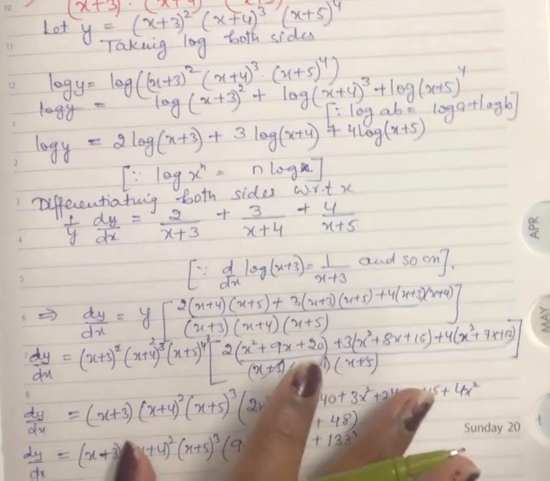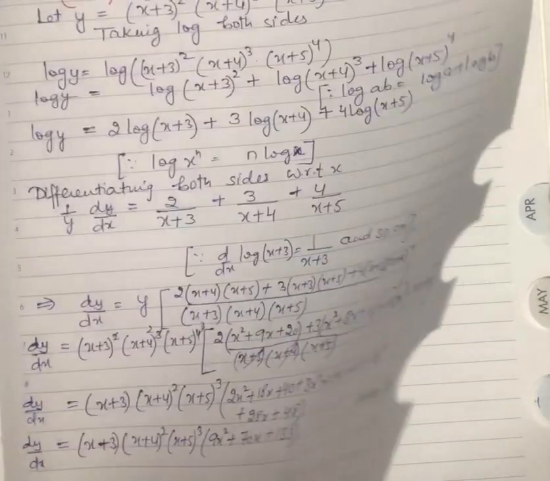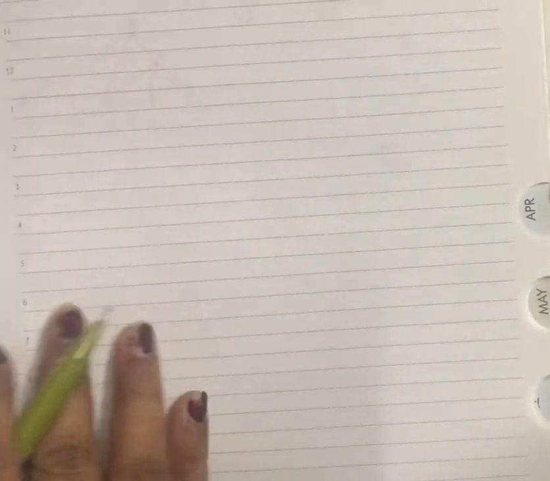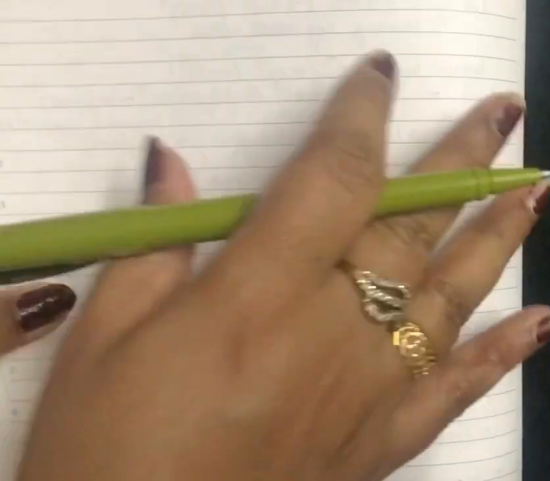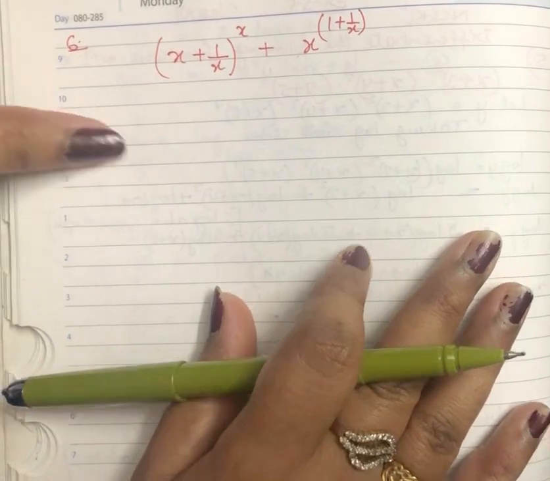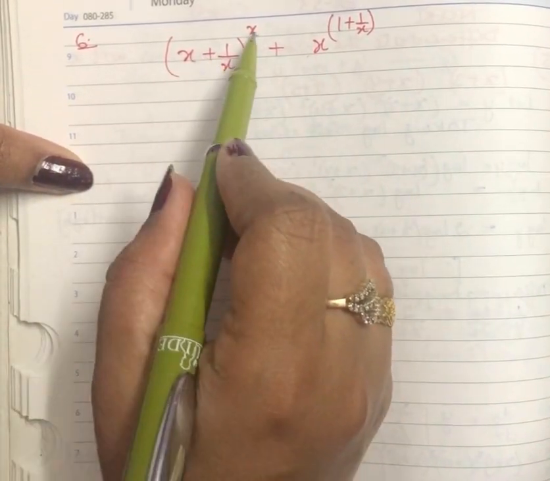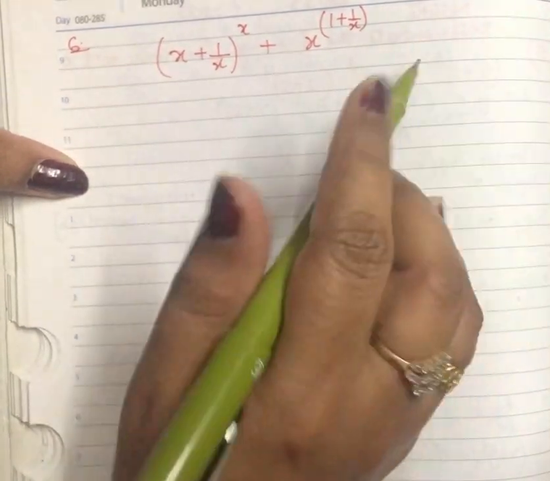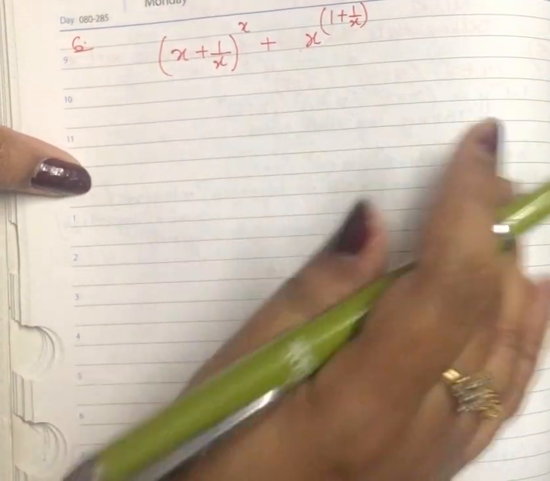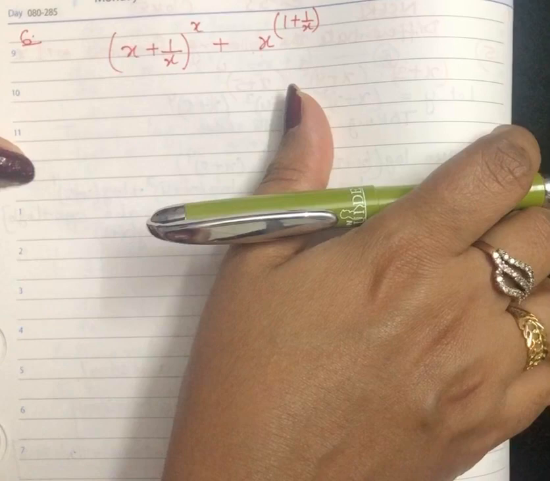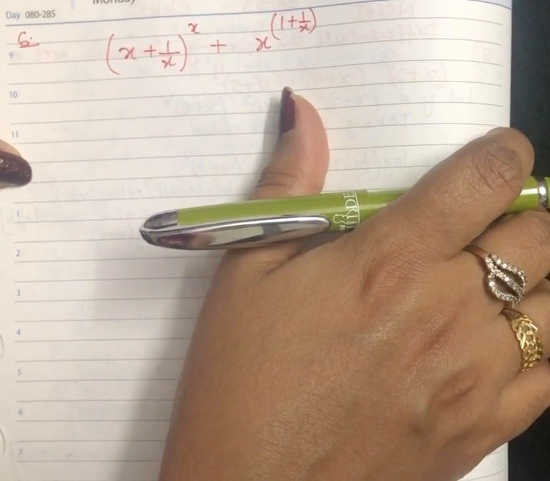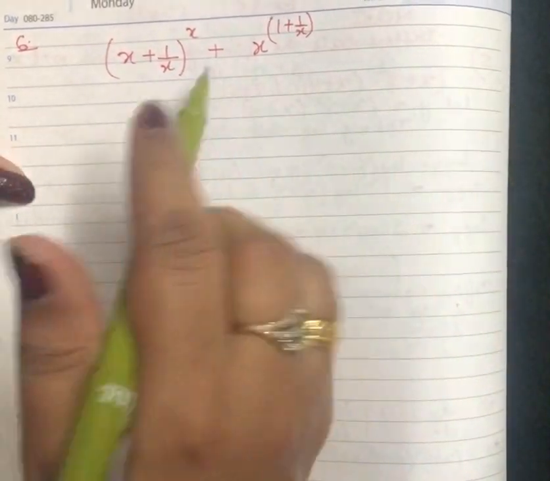Now moving on to question number 6. Question number 6 says, here the function is (x plus 1 upon x) to the power x plus x to the power (1 plus 1 by x). Now here we are given two functions.